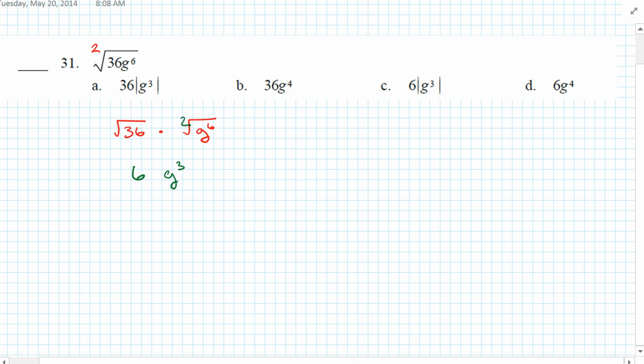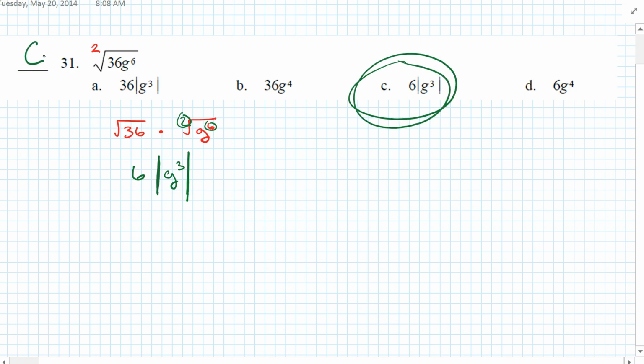Just divide that by the index. Well, since this is an odd power, we're going to have to put absolute value signs around it. Alright, so our answer would be C.